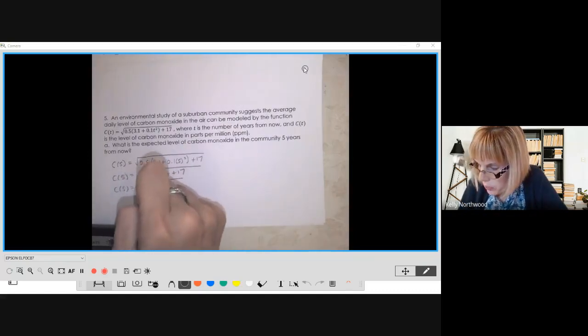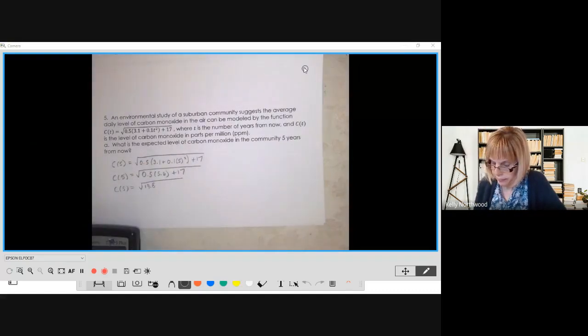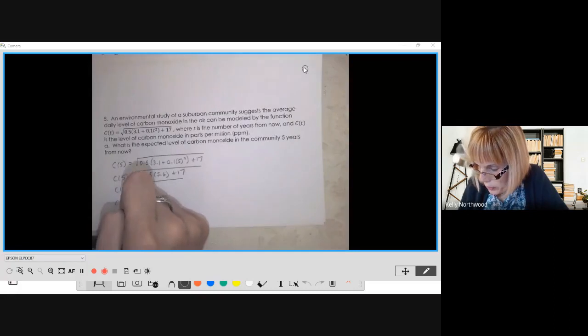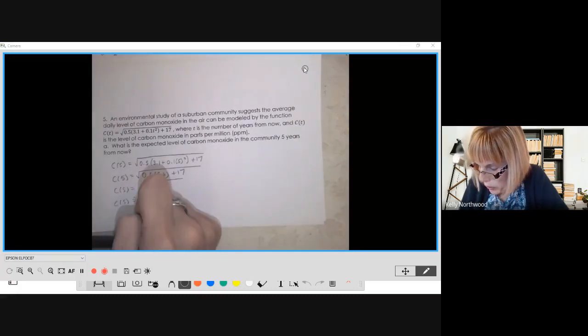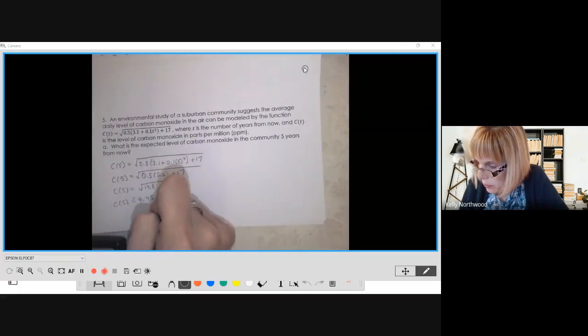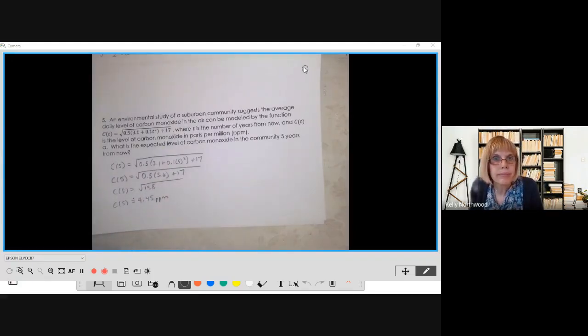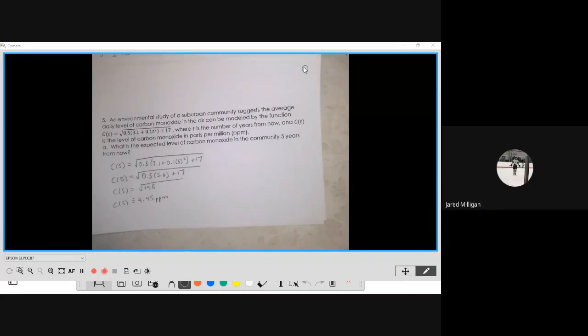Square root of 19.8. So that's approximately 4.45 ppm. Is that what everyone got? Just to give you a minute to try the calculation, make sure you can get that on your calculator. Yeah, that's what I got.